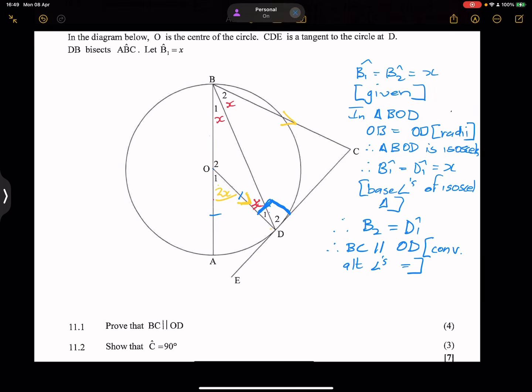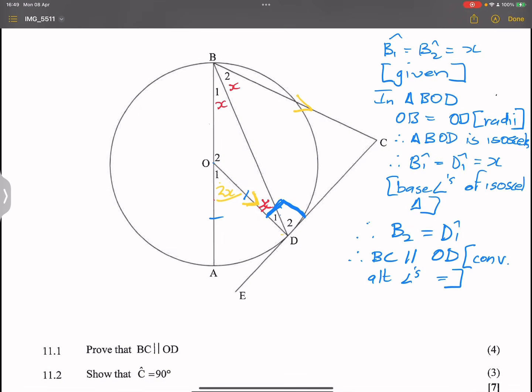Now how I'm going to go about that one for 11.2, I'm going to say that if you look at D1 and D2, which means that entire angle, that is equal to 90, right? And why is that? So D1 plus D2 is equal to 90 degrees, right?